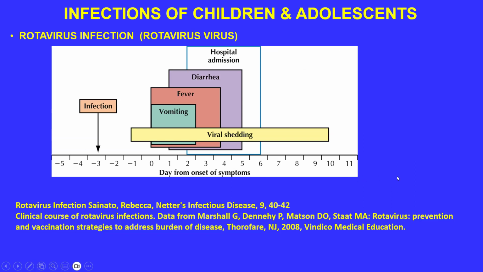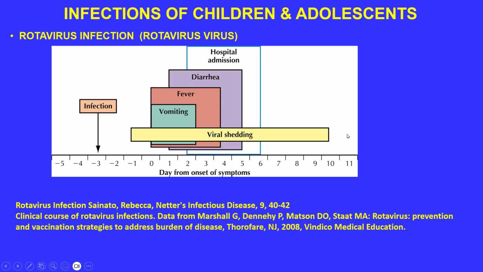When we talk about rotavirus infection also, there were some clinical studies that were done. And basically, you can see where if an infection occurs here, even before the symptoms start showing up, you have the individual viral shedding.